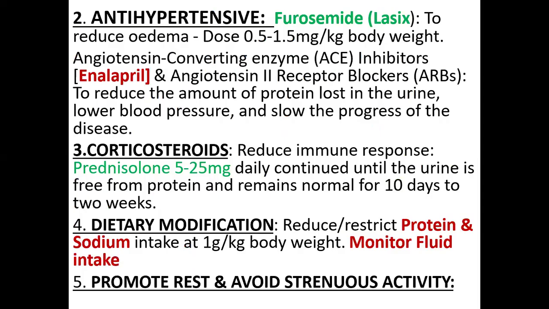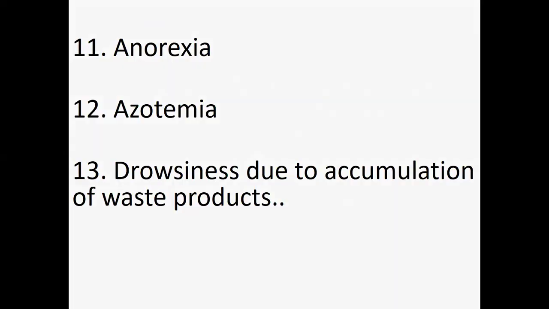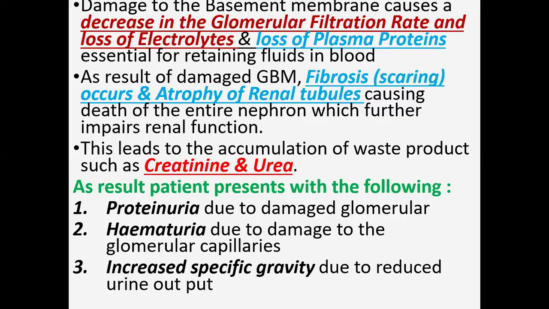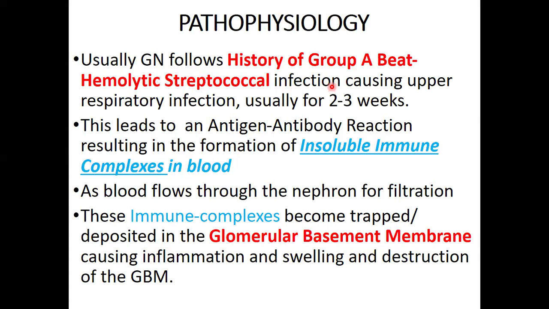So let's look at the pathophysiology of glomerulonephritis. I'll be brief, just focusing on some of the main points that you must be able to explain. Number one, we're going to start with the commonest cause of glomerulonephritis, which is infection with group A beta hemolytic streptococcus. Now, this infection may subside later and is treated with antibiotic therapy.